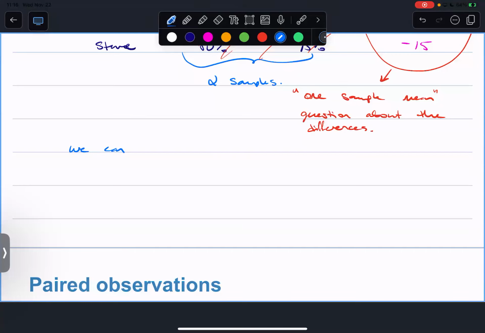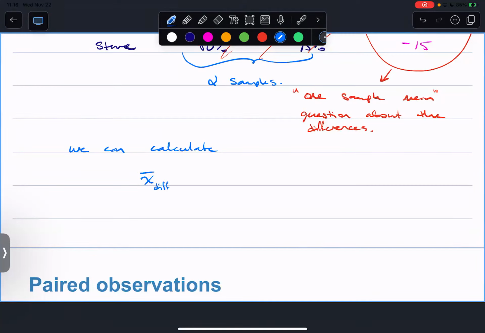Okay. All right. What was I saying? We can calculate X bar, and then that's the sample mean, right? To indicate that I know that this is the mean of the differences, and to remind myself, I'm going to say a little subscript diff there.